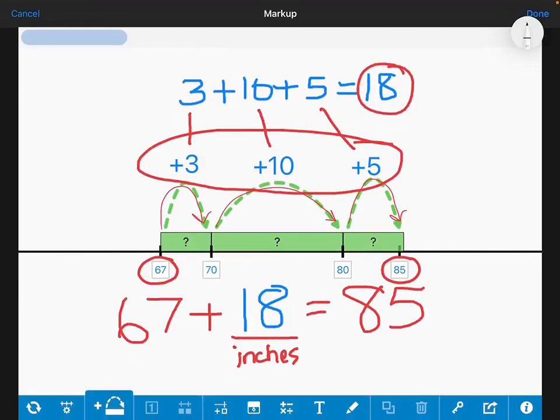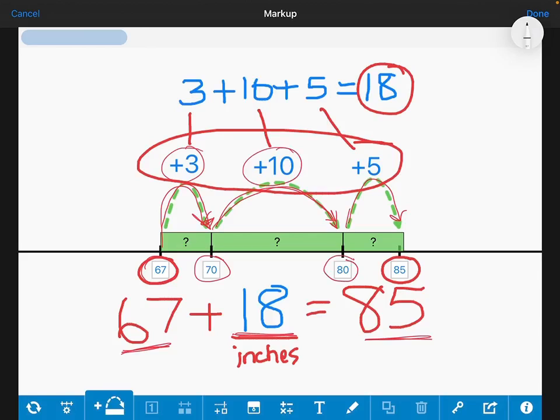And my equation I decided to do was 67 plus what unknown number equals 85. So I started at 67, the lowest number, and I hopped 3 spaces to get to my nearest 10, which was 70. And then I hopped another 10 spaces to get to the nearest 10 closest to 85, which was 80.